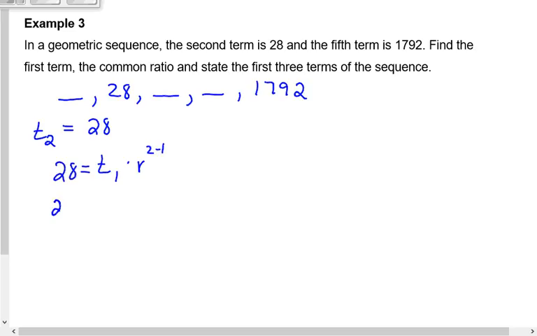So what that would really simplify to is 28 equals T1 multiplied by R. Let's do the same thing for the other value that we know, 1,792. This time we know that that's equal to the 5th term. So we're going to multiply T1 by R to the power of 5 minus 1, and we'll simplify.